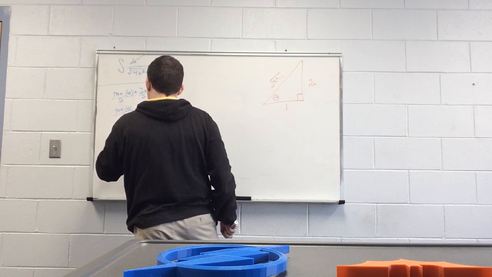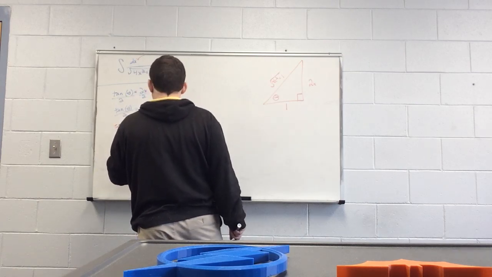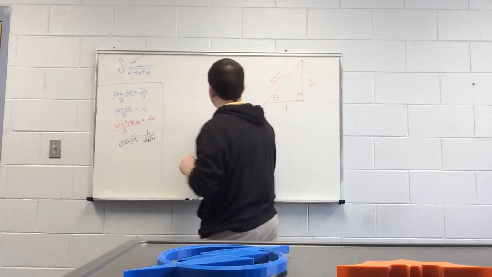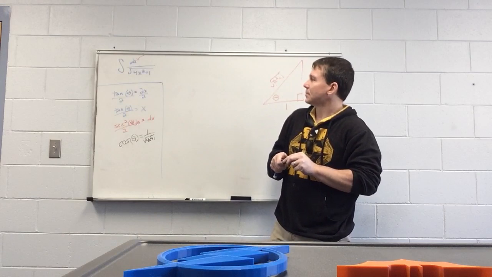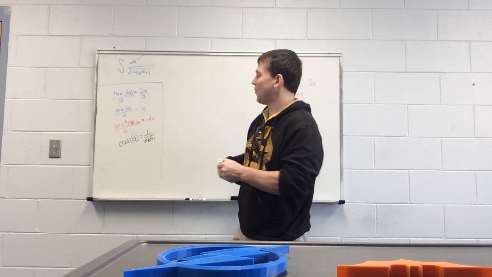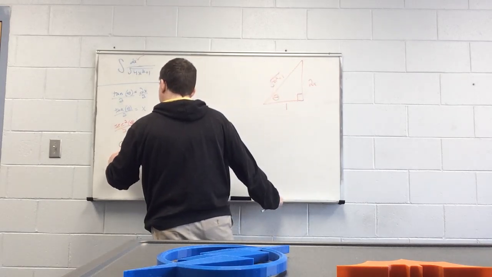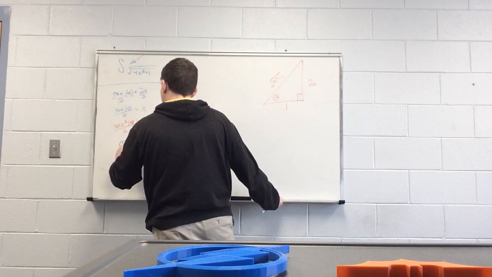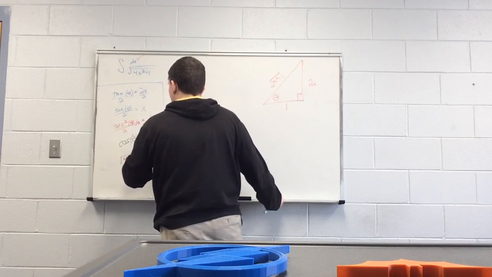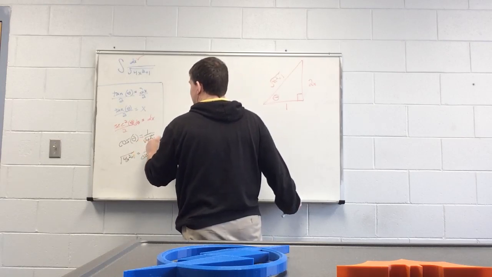So I can say cosine of theta is 1 over the square root of 4x squared plus 1. But I need to isolate the square root of 4x squared plus 1. So multiply that over, and I get the square root of 4x squared plus 1 equals 1 over cosine theta, which we then know the reciprocal of cosine is secant theta.